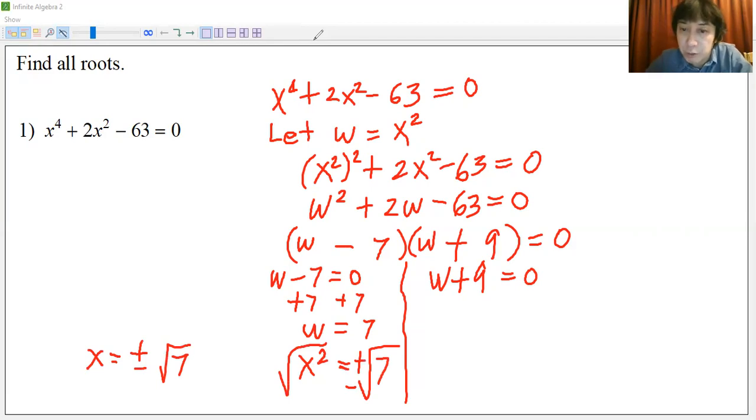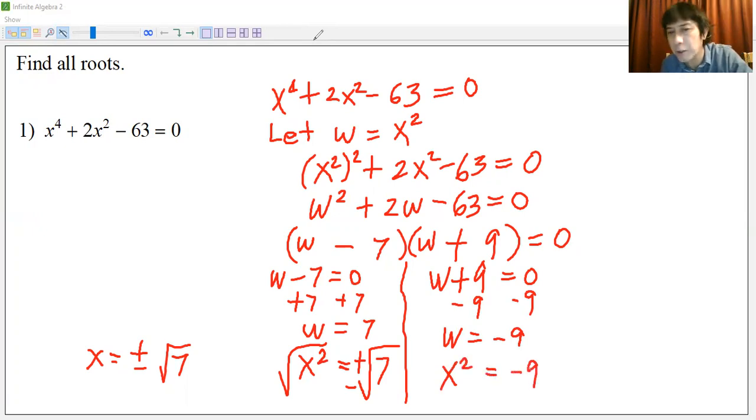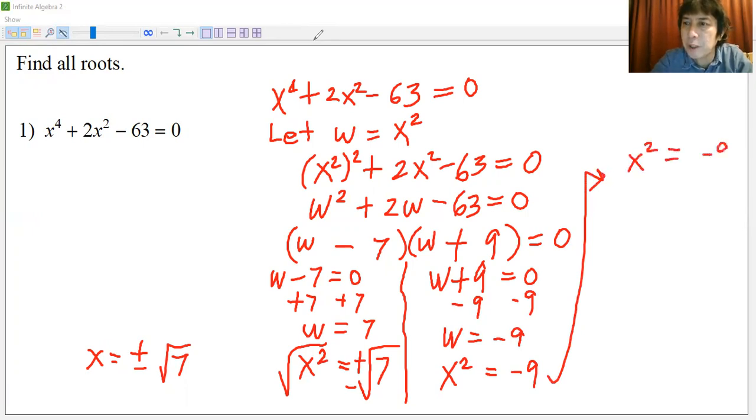W plus 9 is equal to 0. We will use the subtraction property, and w is equal to negative 9 there. Now w is x squared, and this is equal to negative 9. And then extract the square root. We have x squared is equal to negative 9.